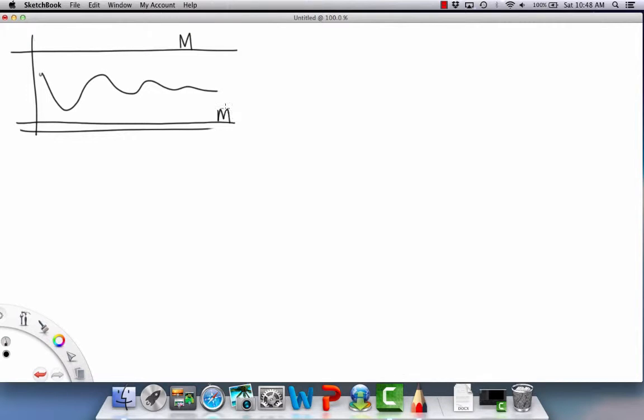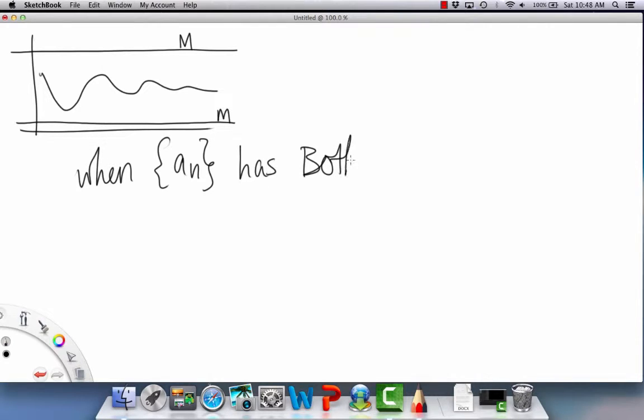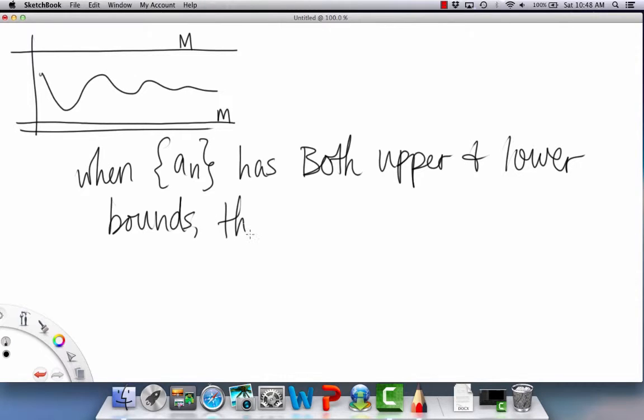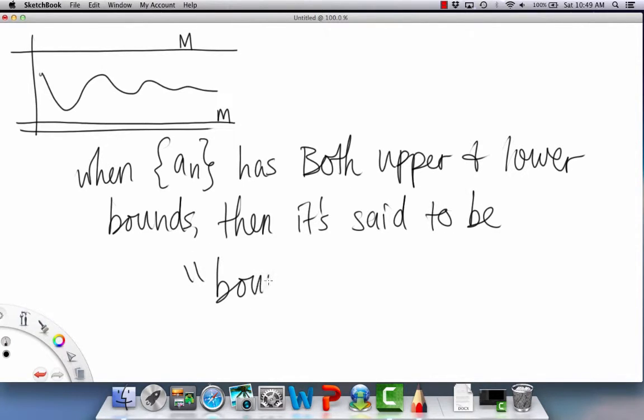In this case, when sequence a_n has both upper and lower bounds, then it's said to be, and this is a really original term, bounded. So that's pretty easy to remember.